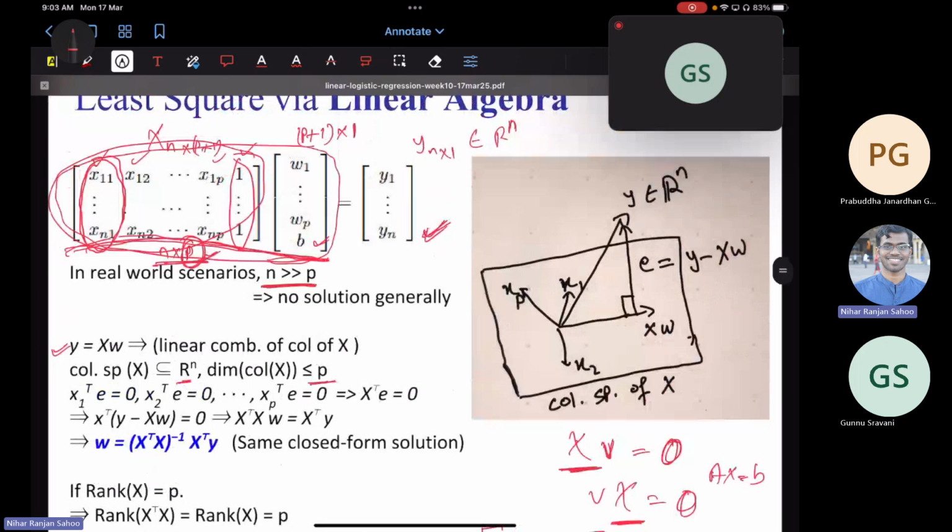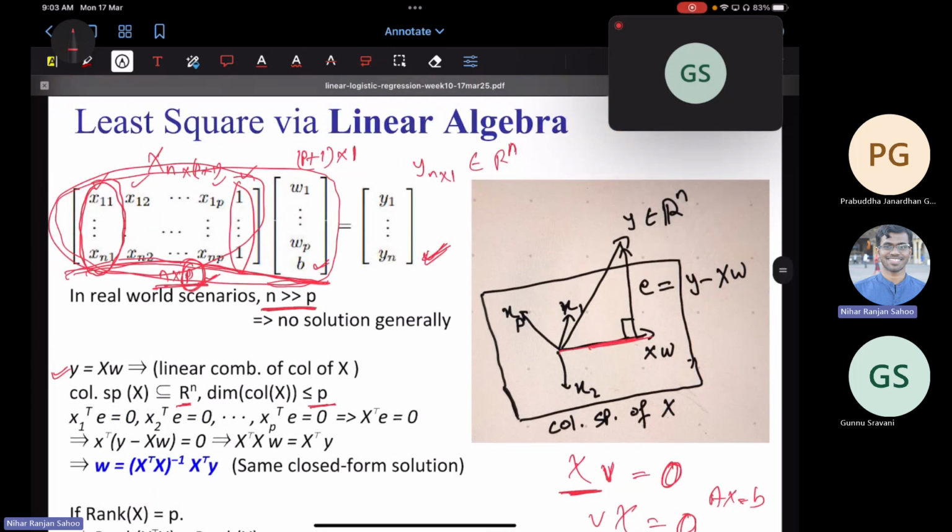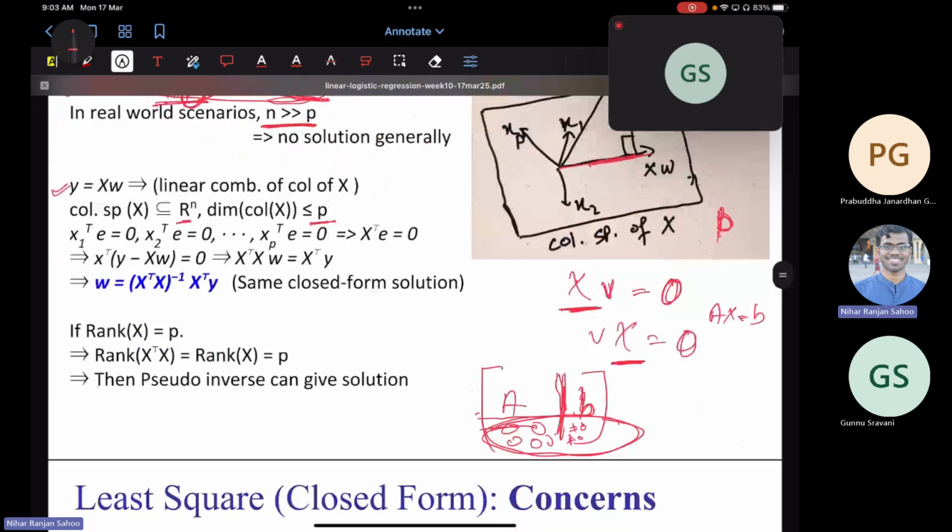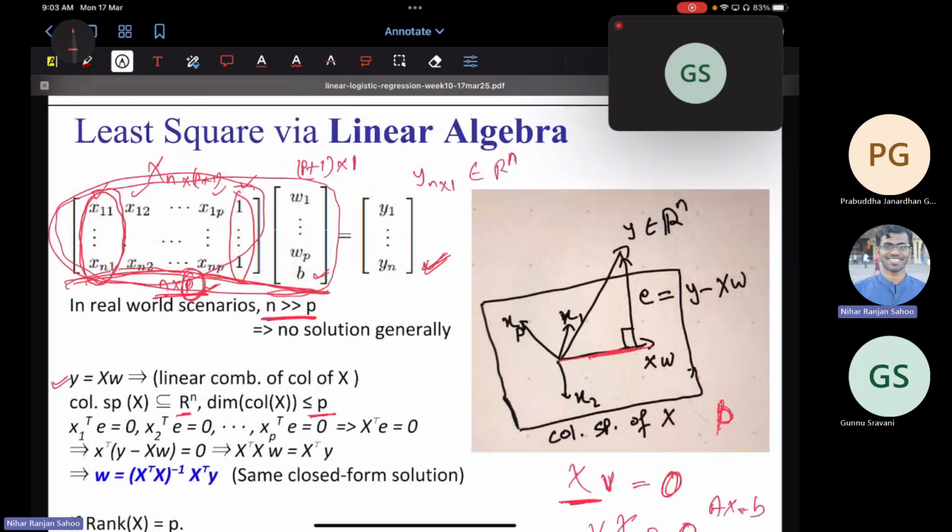So how do we get rid of this? We project this y onto Xw. Xw we know is lying in p-dimensional space, right? So if we project y onto this Xw, then this issue has been resolved, right? These components will become zero, right? If we project, there will be some error.